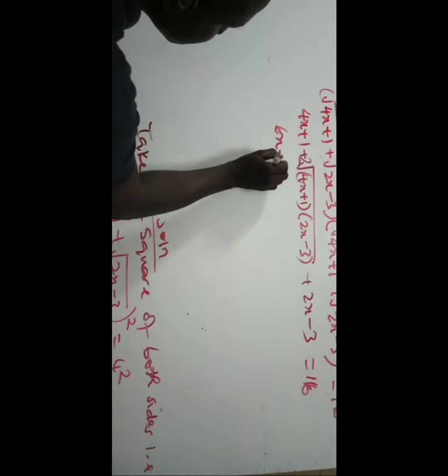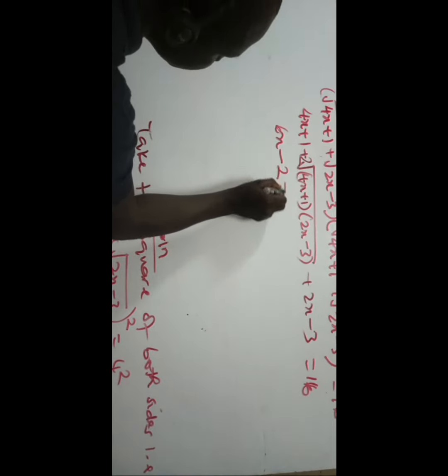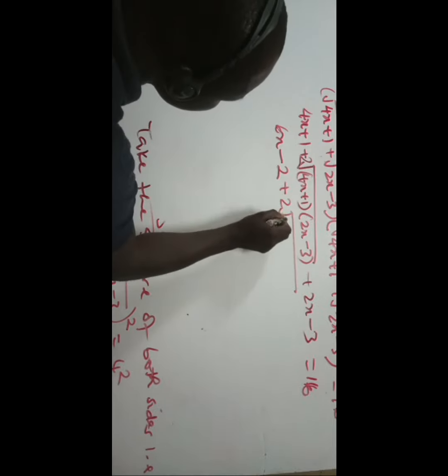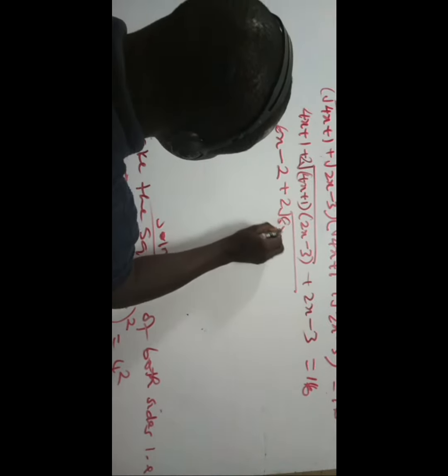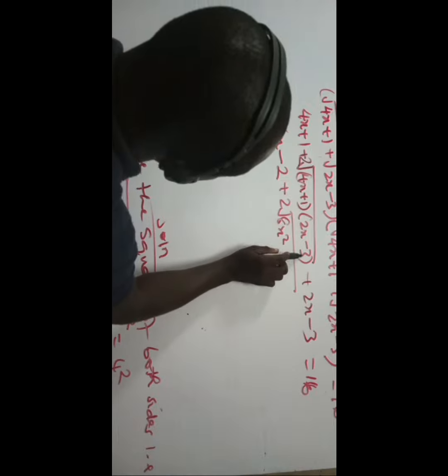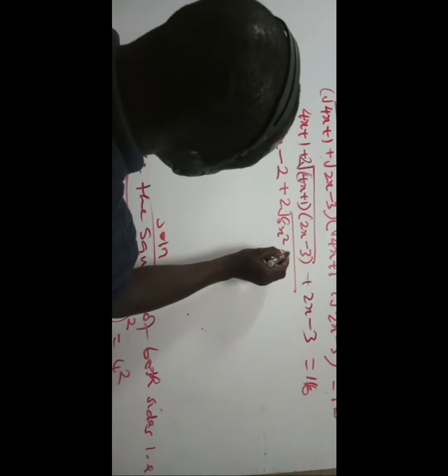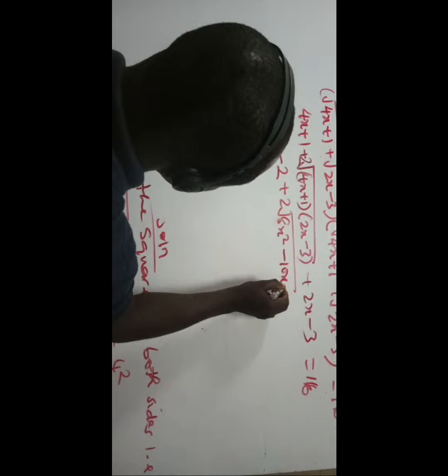So I can rearrange: 4x plus 2x is going to give me 6x minus 2, then plus 2 square root of, I can open up here to get 8x squared minus 12x, then minus 10x, then minus 3.